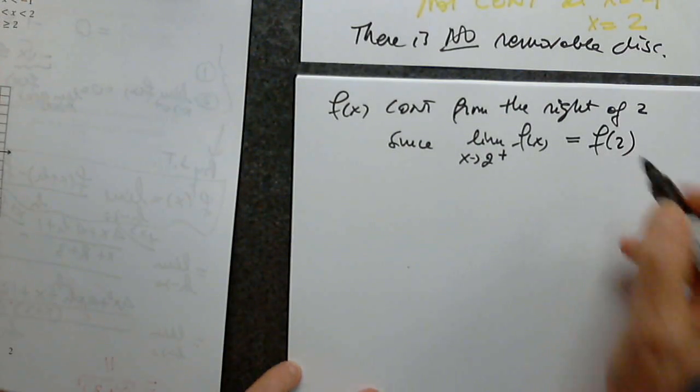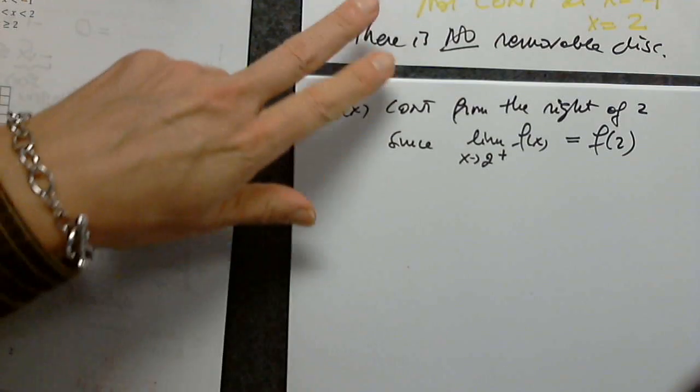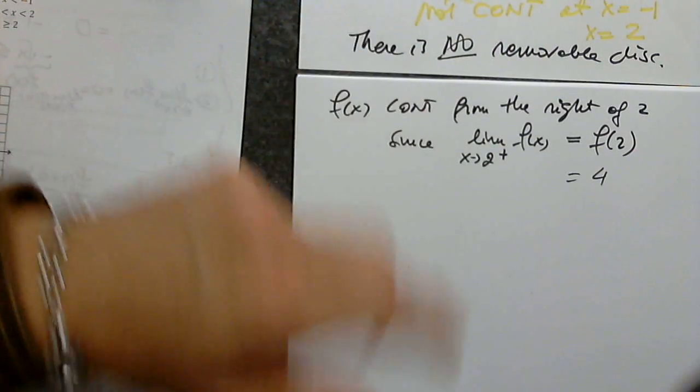F of 2. Continuity from the right means that the limit from the right and the function value are the same. What if we wrote 4? I'm sorry? What if we wrote 4? You can, but this is the definition. So you can write that this equals 4.